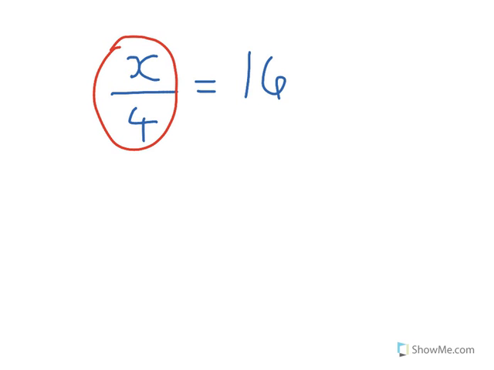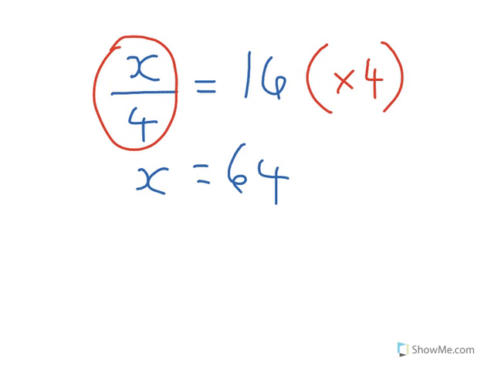So that means we're going to times by 4. So our next line will be just x equals 16 times 4 is 64. So all I've actually done here is multiply these two numbers.